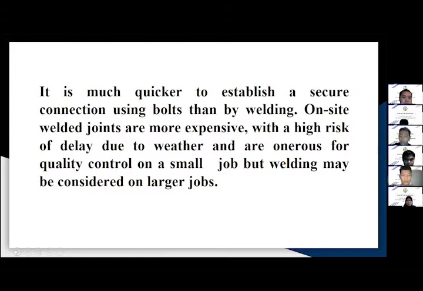It is much quicker to establish a secure connection using bolts than by welding. On-site welded joints are more expensive, with a high risk of delay due to weather and difficulty ensuring quality control on a small job, but welding may be considered on large jobs.